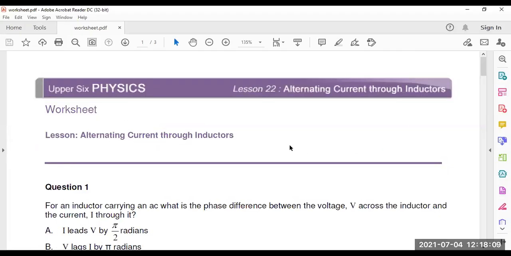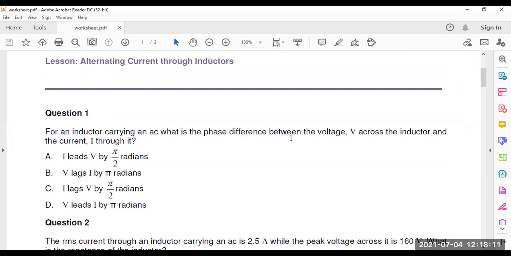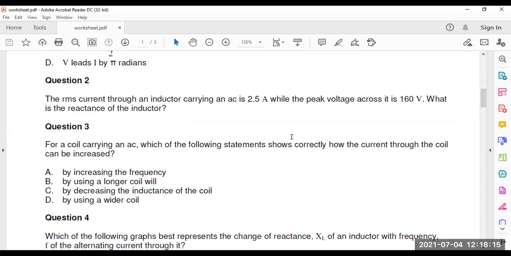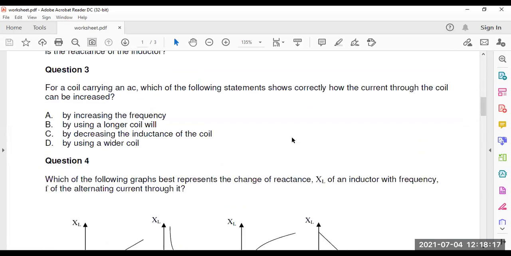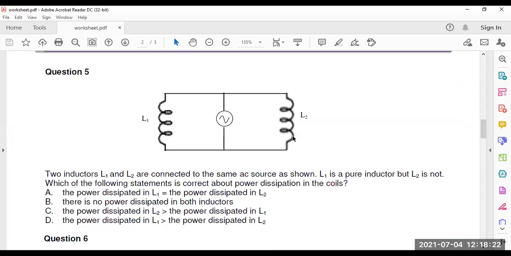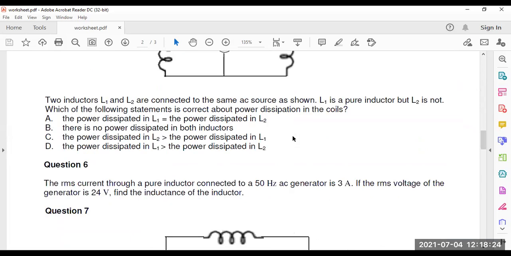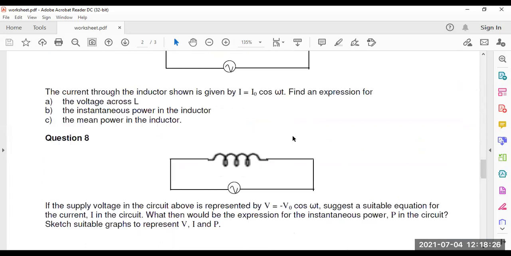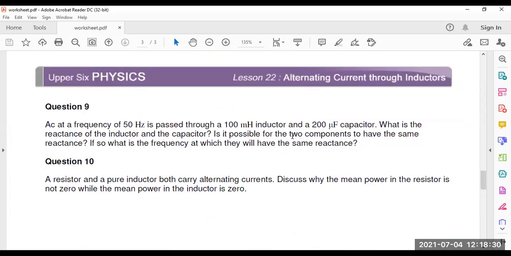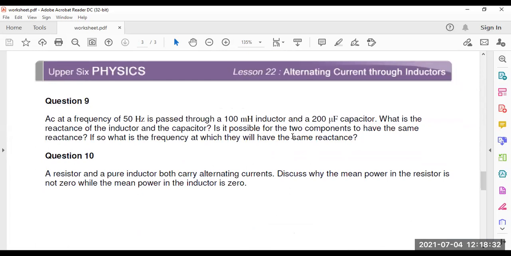We have question 1, question 2, question 3, question 4, question 5, question 6, question 7, question number 8, question number 9, and the last, question number 10.